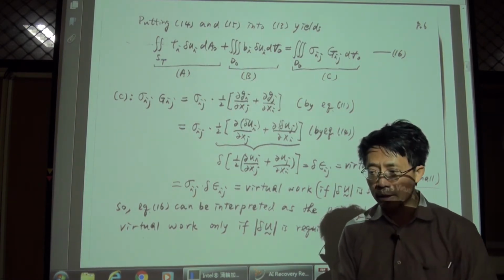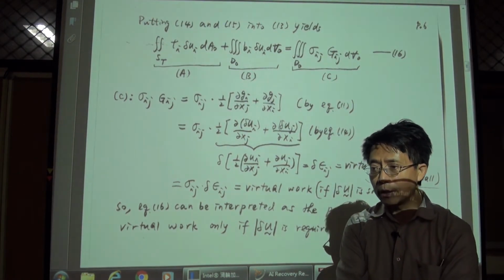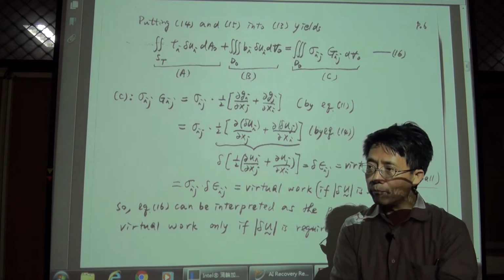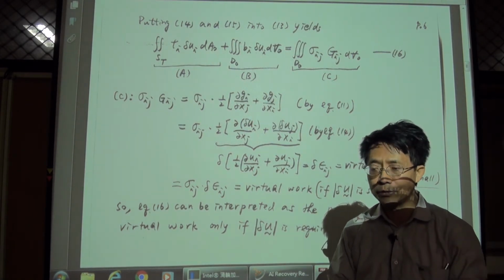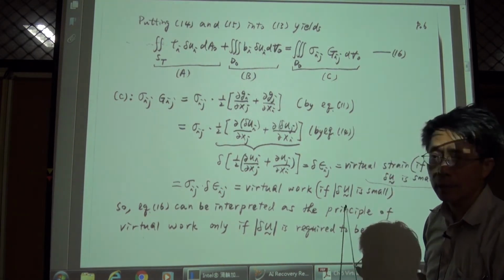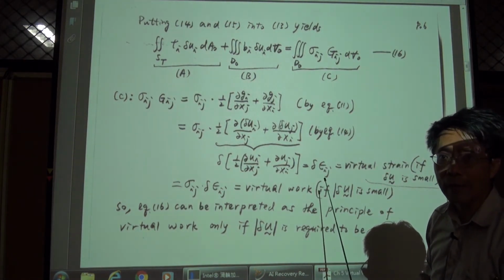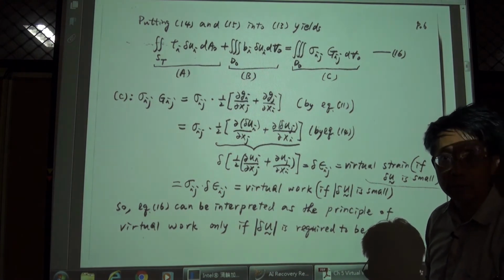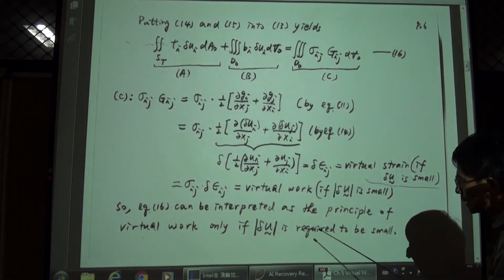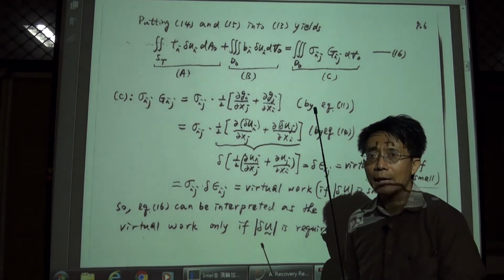It is not a real displacement. So it is an imaginary displacement, so it can be arbitrarily large, very, very large. In the derivation here, we find that such a viewpoint is dangerous. Virtual displacement must be very small. Understand? But be careful.